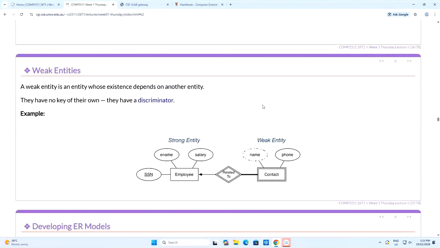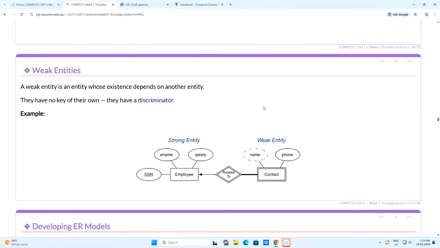And in SQL, there are a couple of rules when we convert ER diagrams into SQL. The first rule is, if you've got a strong entity, make a table. The second rule is, when we have a relationship, make a table. When we have a relationship, it doesn't hurt to make a table. Sometimes, depending on the cardinality, we may get away with not creating a separate table, but if we do create a separate table, it's not incorrect.